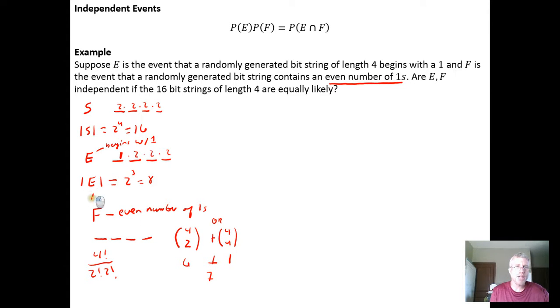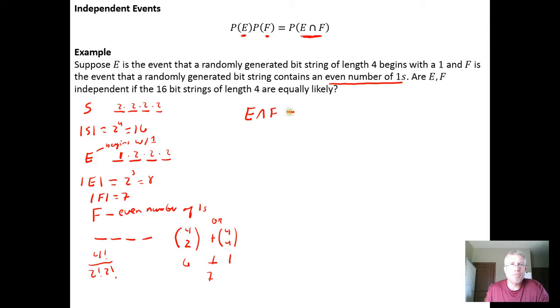The size of F is equal to 7. There are 7 bit strings of length 4 that have an even number of 1s. We need to know the probability of E, the probability of F, but we also need to know something about E intersect F. So let's talk about E intersect F.